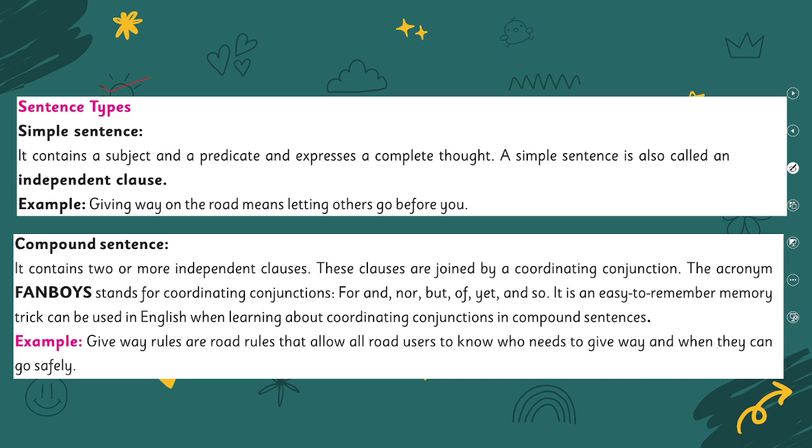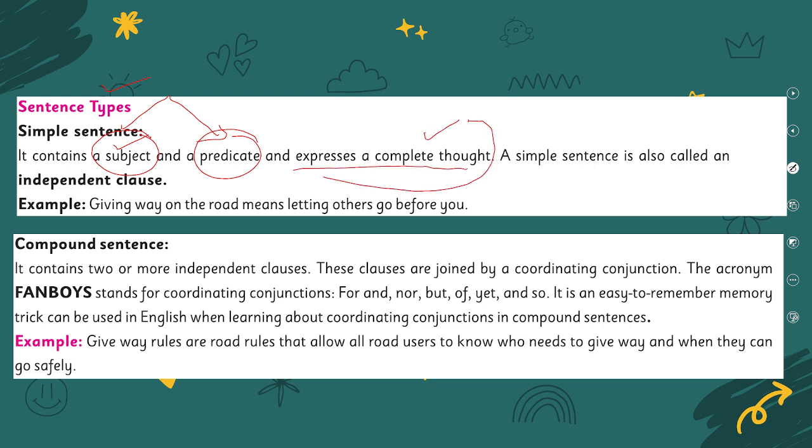First one, we have our simple sentence. Now, we know that a simple sentence has a subject and a predicate. Subject is the thing we talk about, and predicate is the information or the rest of the sentence. We make our simple sentence by these two and express a complete thought.